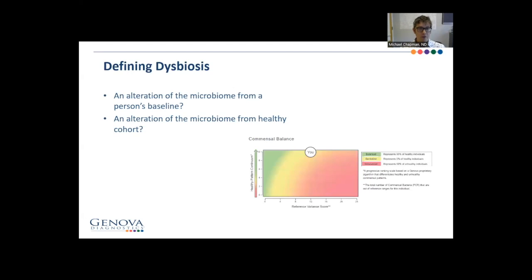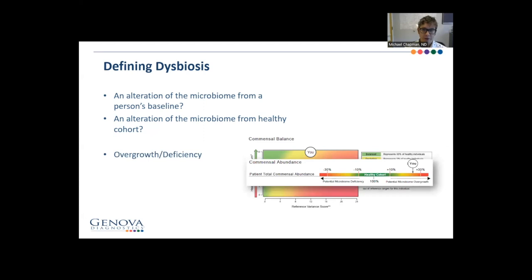And we do have an assessment that way as well, because we have a marker called the commensal balance graphic or commensal balance score, where we did just that. We took all these different clinical conditions and compared people who were basically healthy, without clinical conditions, to people who had one or more of these conditions. We looked at their microbiomes and were able to deduce a pattern that is predictive of whether somebody is likely to fall into the healthy category or the unhealthy category.